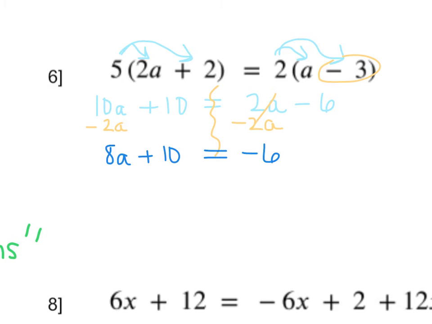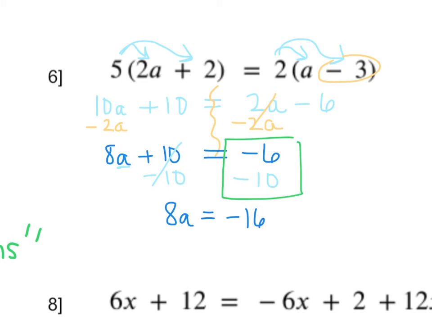Okay, now this should feel comfortable because this is a standard two-step equation now. Let's continue to show our inverse operations to isolate the variable. So we're going to subtract 10 on both sides. So 8a equals, now be careful here, -6 minus 10 is -16.